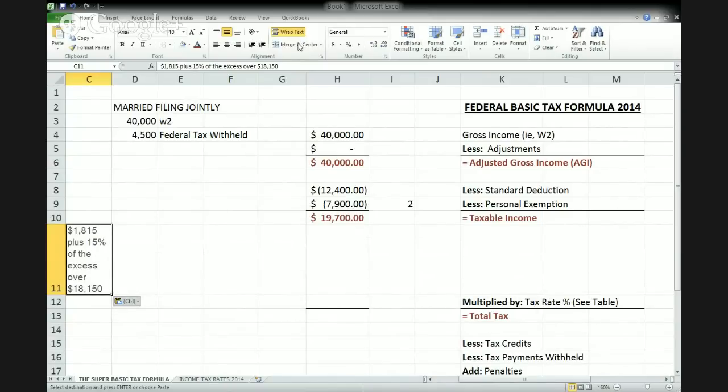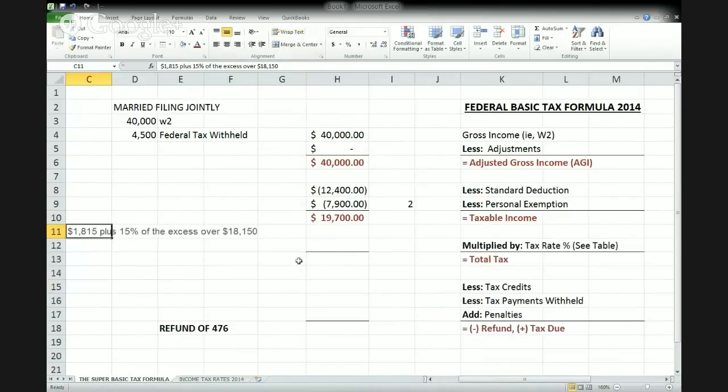Let me just go ahead and make sure that this text is not wrapped so it doesn't go down like that. So we have here again that our taxes are going to be $18,015 plus 15% of the difference between 19,700 and 18,150.